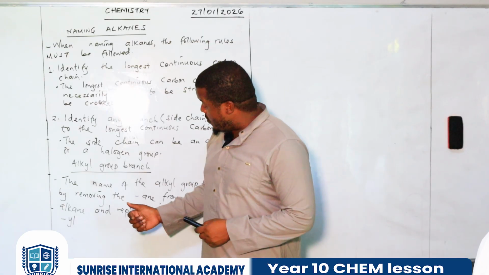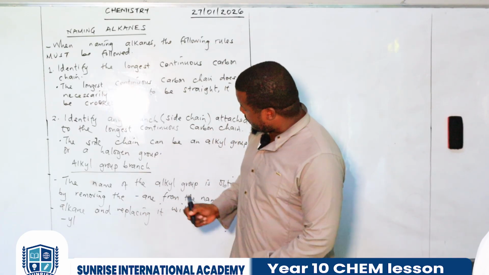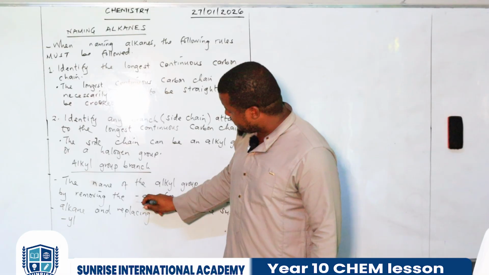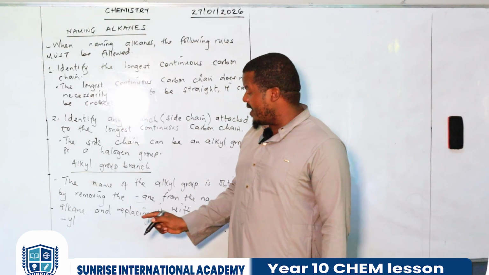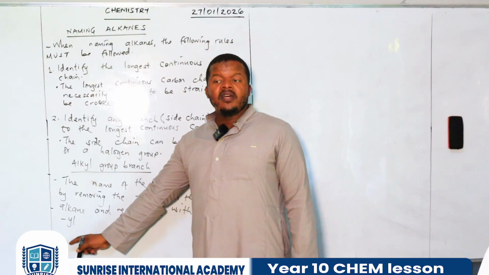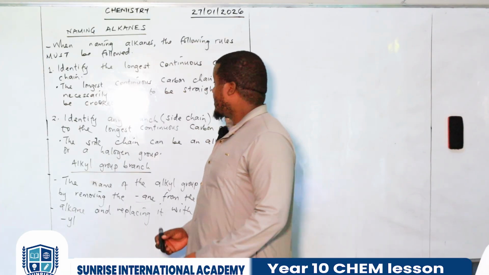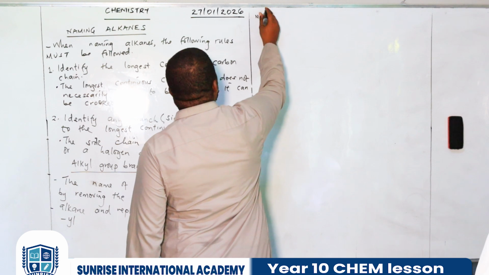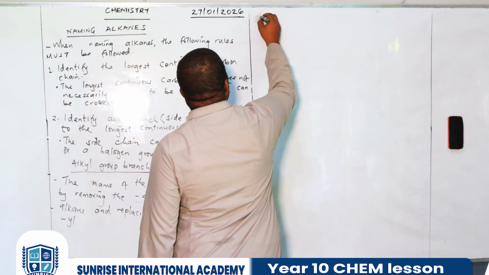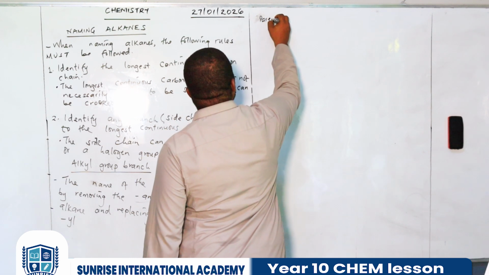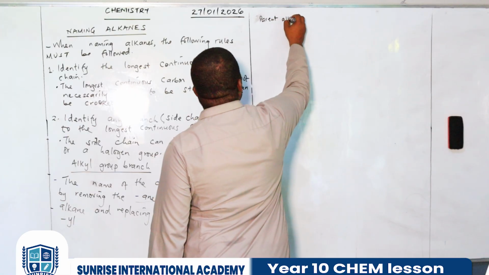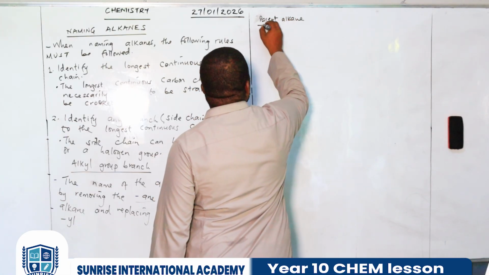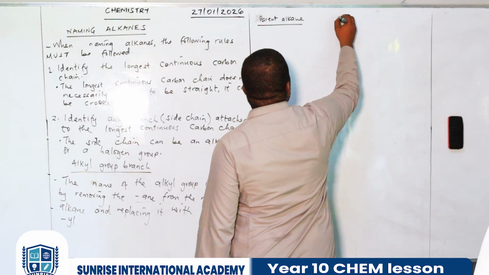Remove the suffix ANE from the name, then replace it with YL as follows. If I have methane, okay, so let's talk about parent alkane, alkyl group.